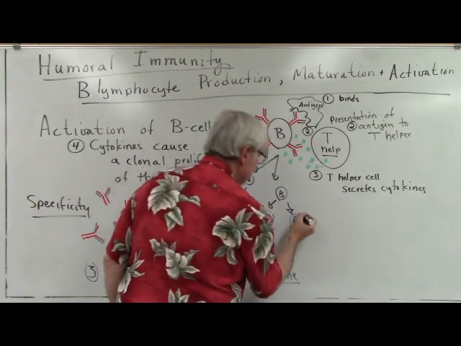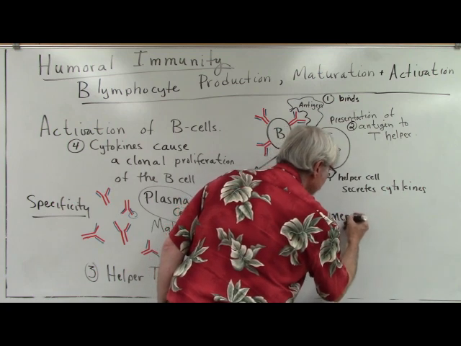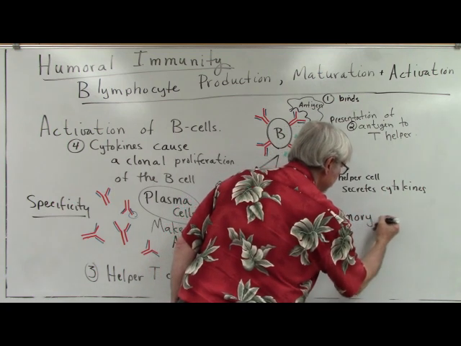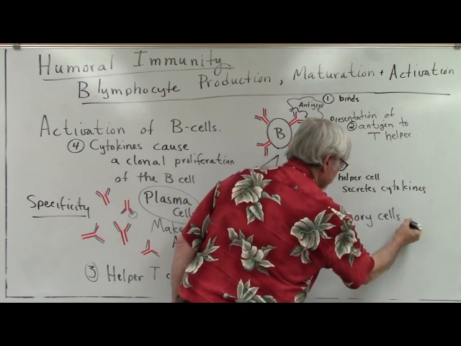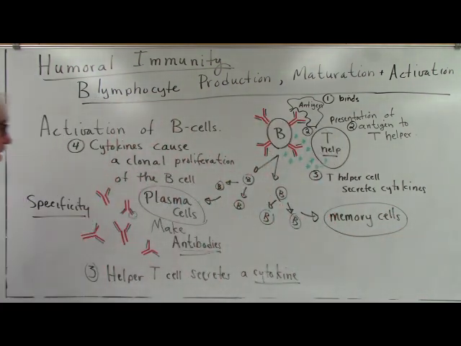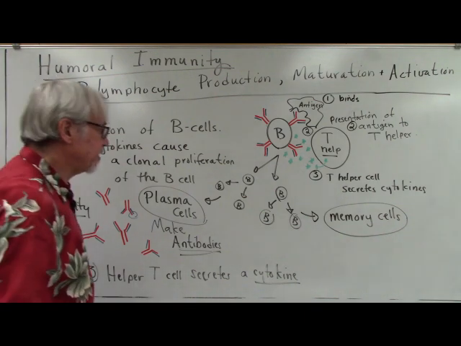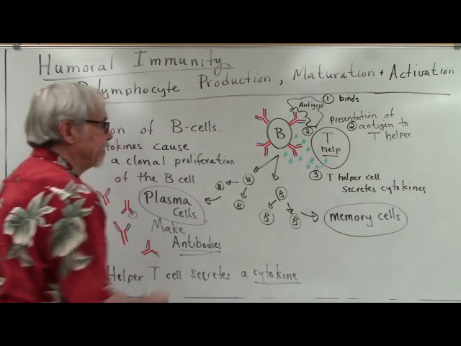These clones on this side, some of them are going to form memory cells. And memory cells are going to become quiescent or quiet. They're not going to do much until they encounter the antigen again.